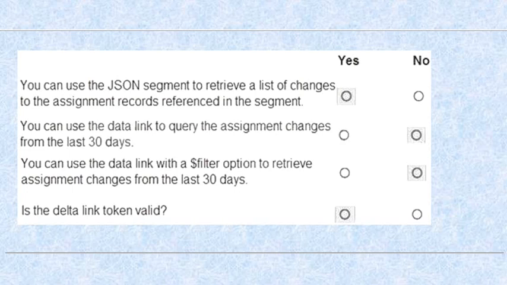The answer for the statement, you can use the data link to query the assignment changes from the last 30 days, is no. The third one, you can use the data link with the $filter option to retrieve assignment changes from the last 30 days, is no. And the answer for the statement, the data link token is valid, is yes.